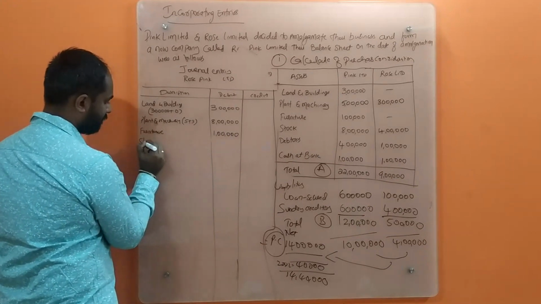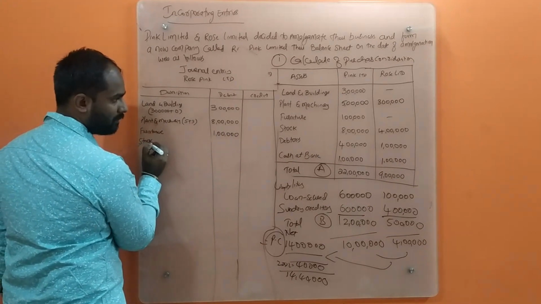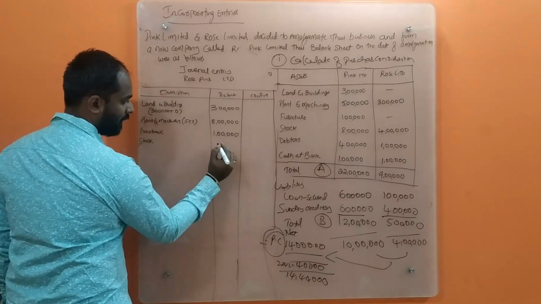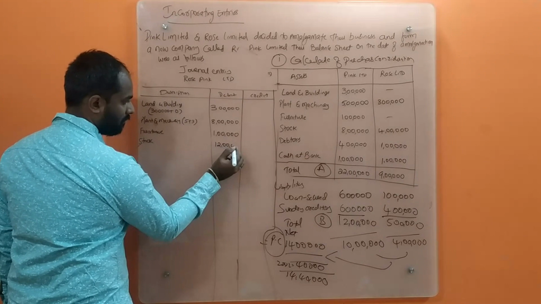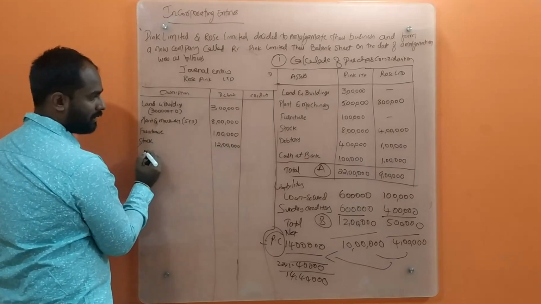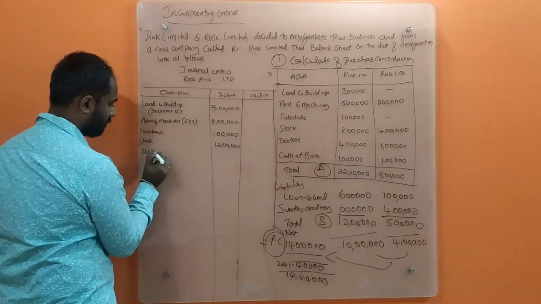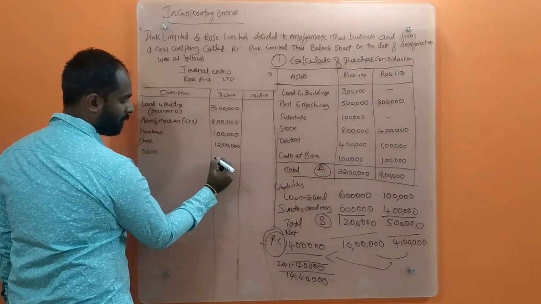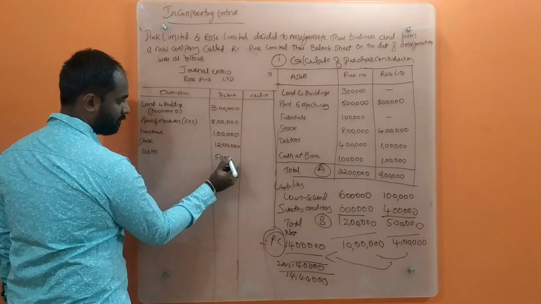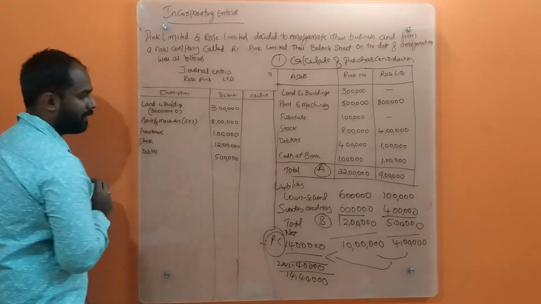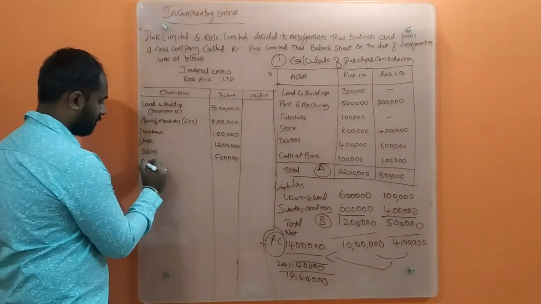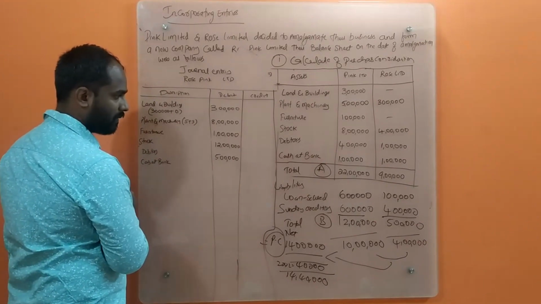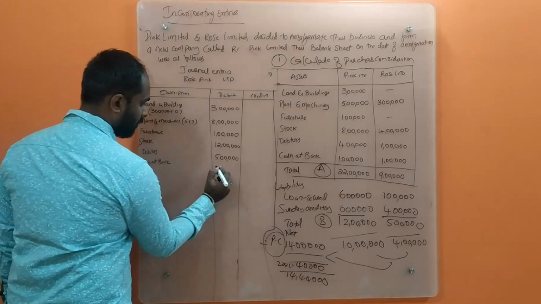Then stock, 8 lakh plus 4, 12 lakh. Then debtors, 4 plus 1, 5 lakh. Okay, so next, cash at bank. So what they are telling, cash at bank, 2 lakh.